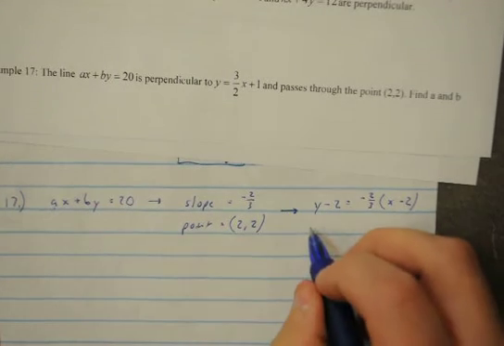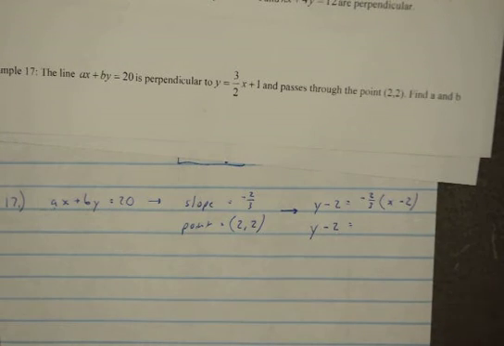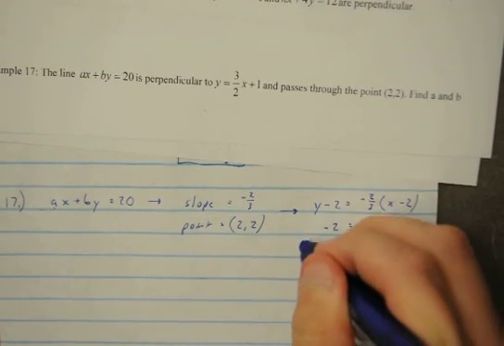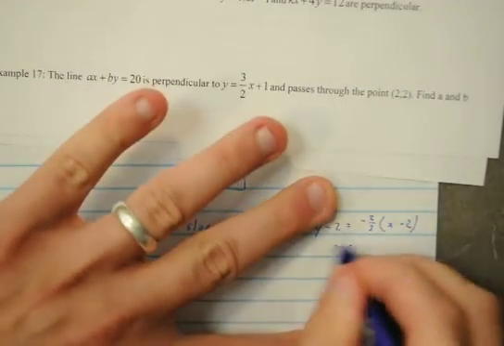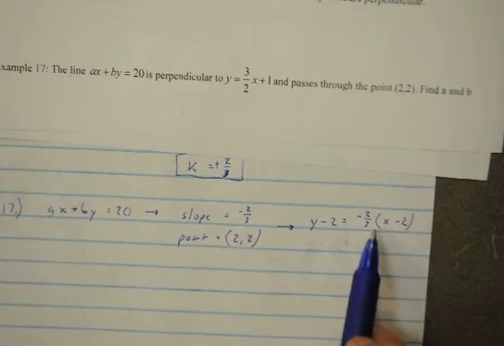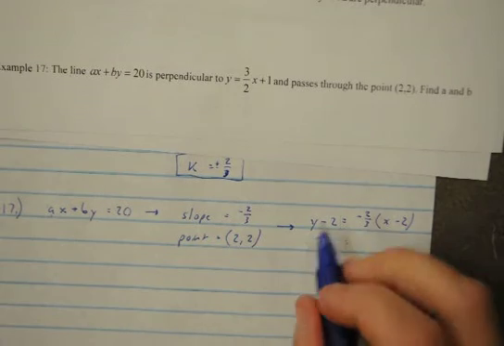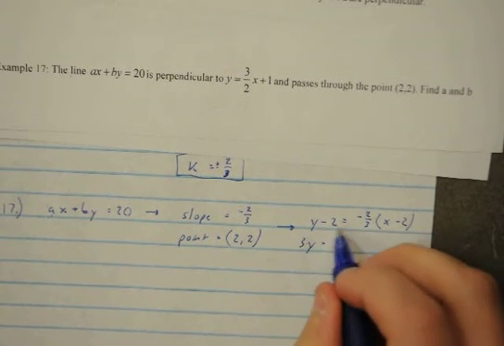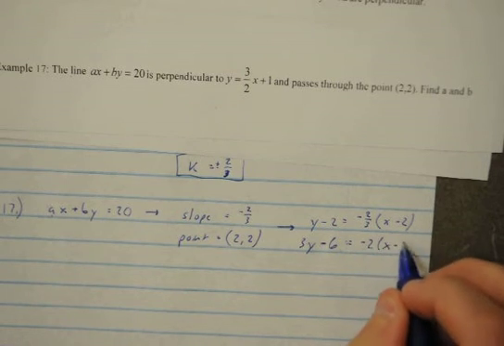Alright, so in that case, distribute. You know what? I'm going to do something different. I'm not going to distribute, because if I distribute, I'm going to get some fractions. So here's how you can do this without getting fractions involved. You can take the 3 and multiply it over. See what just happened?